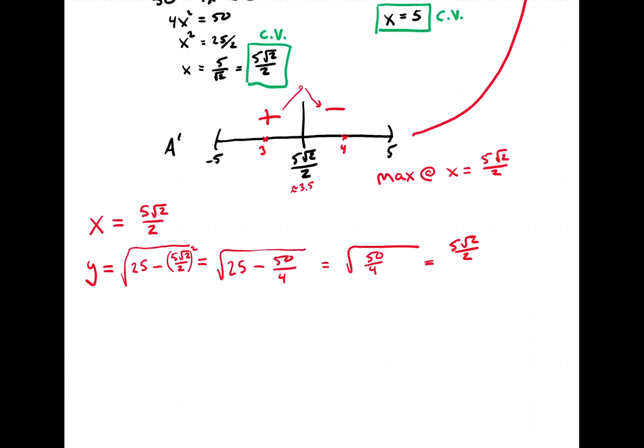So for our final answer, the length is equal to 2x. And so x is 5 root 2 over 2, so the length should be 5 root 2, and the width, which is the y value, should be 5 root 2 over 2.